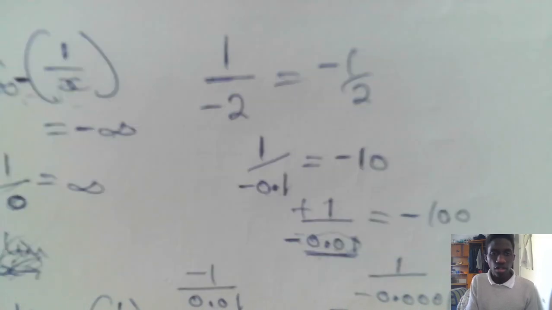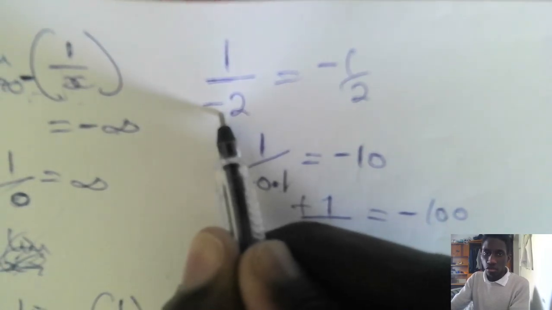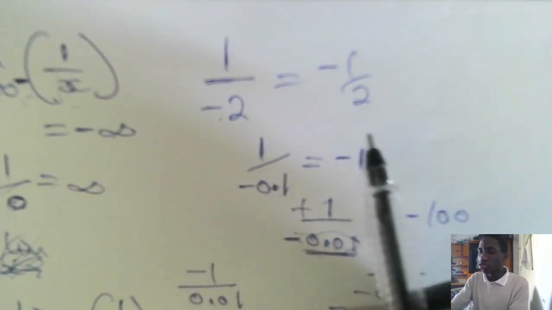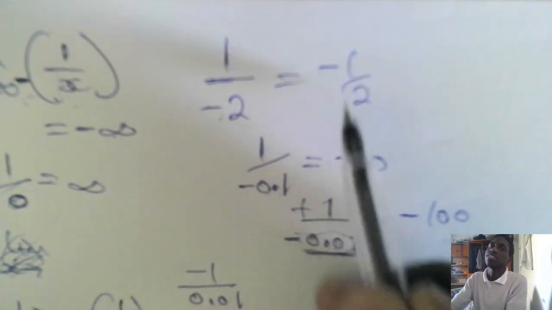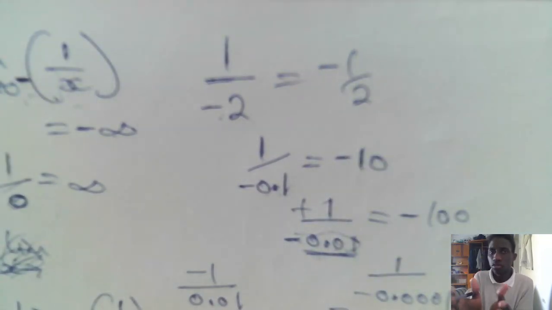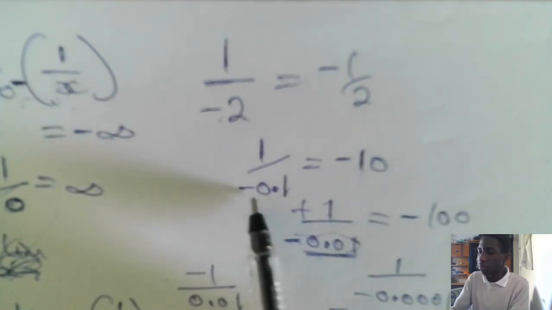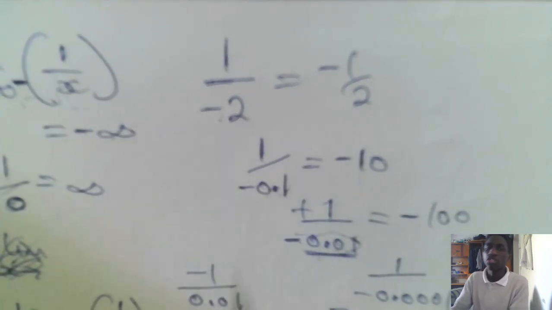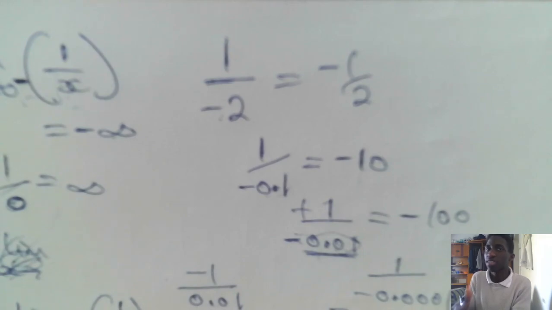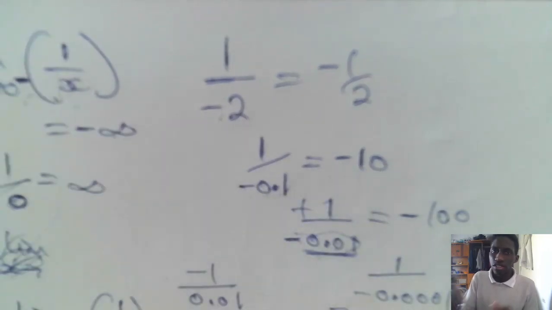Now, minus 2 is less than 0. 1 over minus 2 is the same as negative 1 over 2. You have a negative value there. Now, what if we try minus 0.1? Minus 0.1 is to the left of 0. It's less than 0, and when we compute 1 over minus 0.1, we get minus 10.